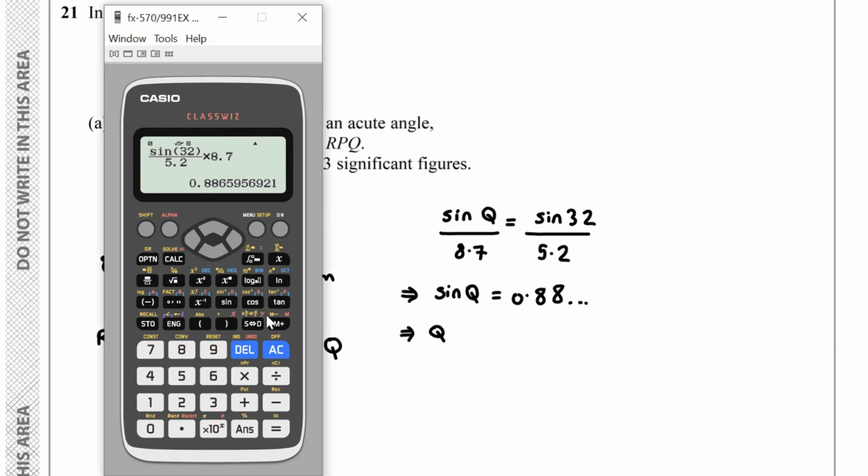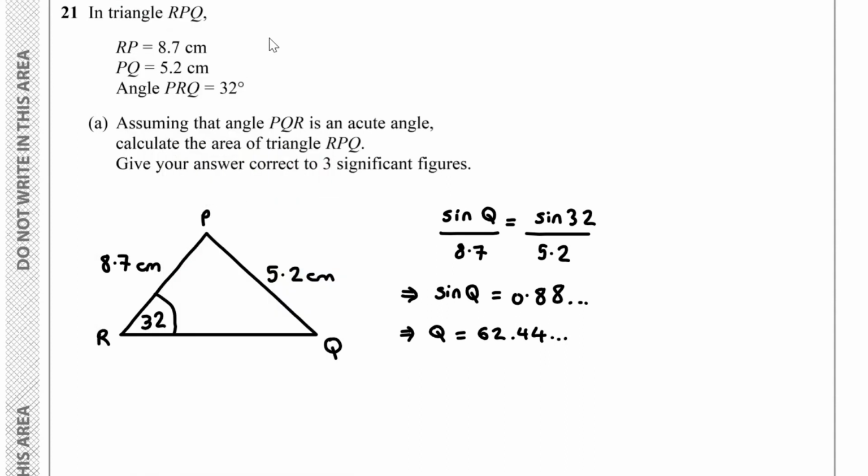So if we inverse sine this, we'd find Q to equal 62.44, etc. So let's store this into our calculator. So this angle here is 62.4, etc. degrees. Okay? So that's this angle here.